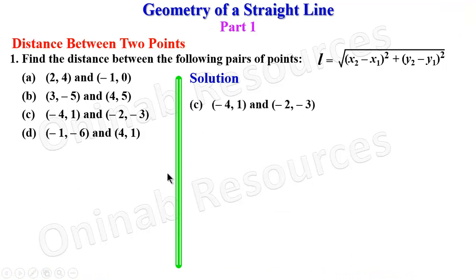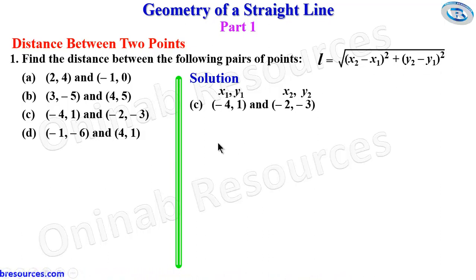We then go to C. For C, we have (-4, 1) and (-2, -3). Naming the points again, this is x1, y1, x2, y2. For your information, if you like, you can name this one x2, y2 and name this one x1, y1. It does not matter. The same thing, it could be x1 minus x2 and y1 minus y2.